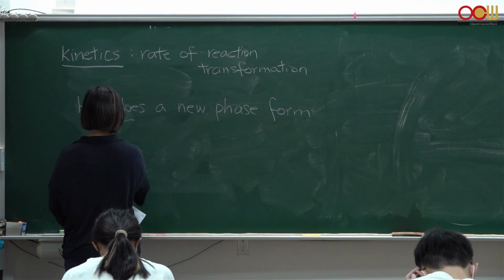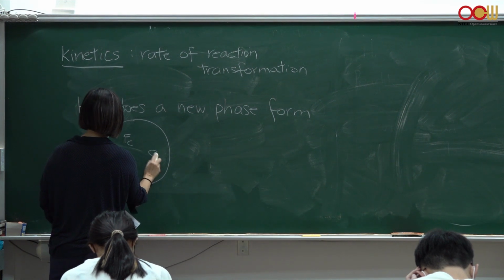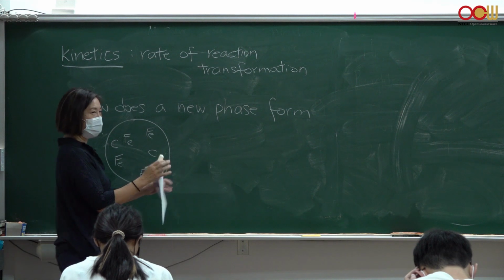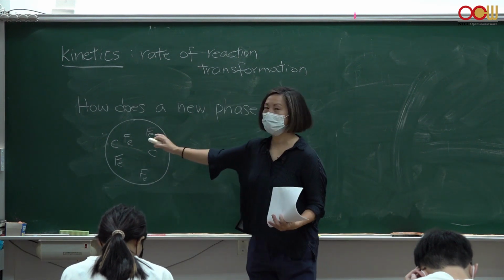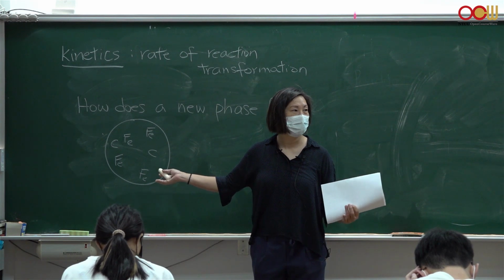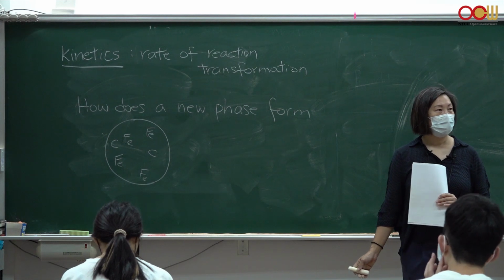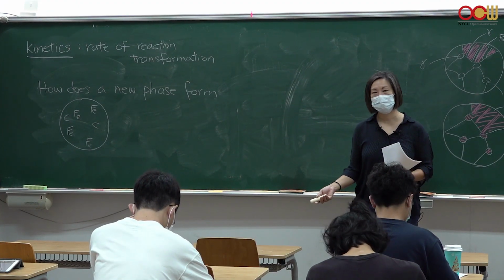So let's say I have a liquid made out of iron and carbon. If it's within my iron carbide phase diagram, I'm going to have a lot more iron than I have carbon, just a few. Definitely less than 6.7 weight percent carbon. Okay, so I have a liquid that is mostly iron with a little bit of carbon.